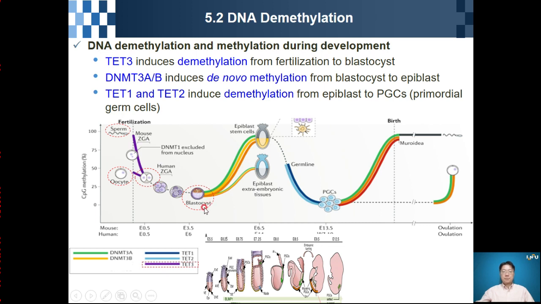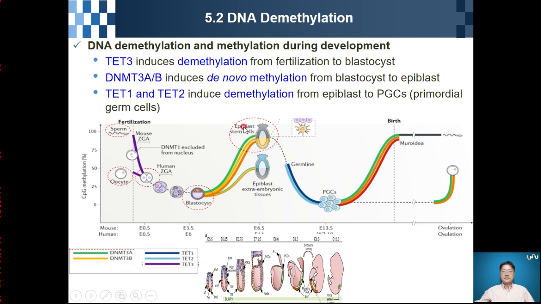After that, the blastocyst will become the epiblast. During these stages, DNMT3A and DNMT3B induce de novo methylation from blastocyst to epiblast.